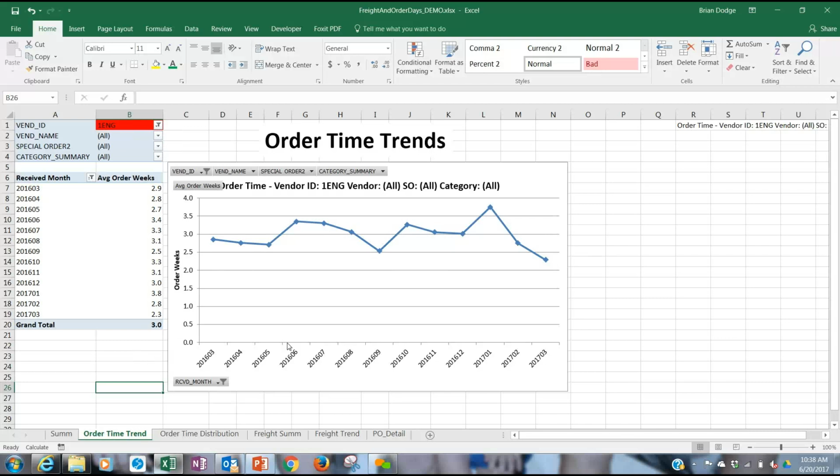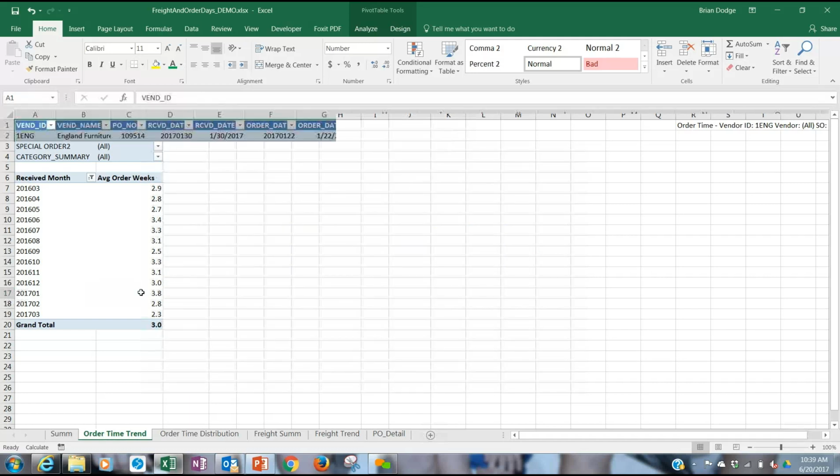The other thing you can do with this particular one: if you see a month that's maybe higher than normal, for example, January 1st, it's not much higher, but maybe 3.8 versus the average of 3. I can go to this row where January 1st is in the table, where it says 3.8 for the average order weeks, and double click on that.